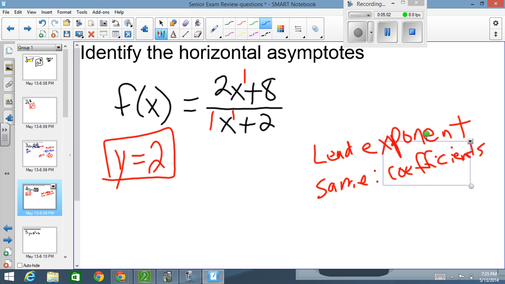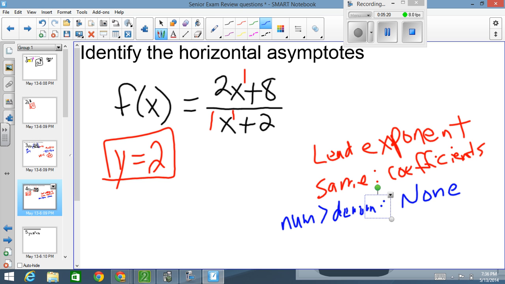Okay? The other two situations you may need to be aware of is if the numerator's exponent is greater than the denominator, then there are none or no horizontal asymptotes. On the other hand, if the numerator's lead exponent is less than the denominator's lead exponent, then we always use y equals 0.